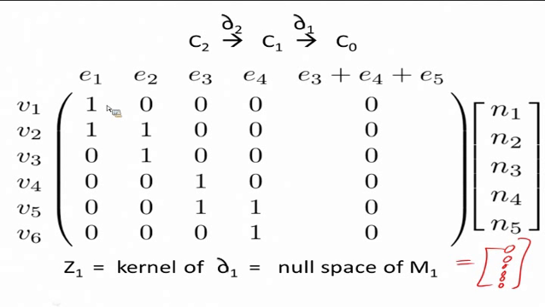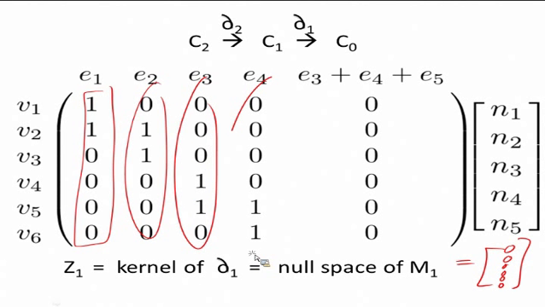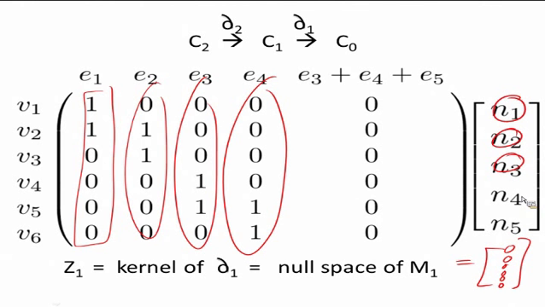Well, these 4 columns are all linearly independent. So if I do n1 times column 1 plus n2 times column 2, etc., up to column 4, and I'm going to get a bunch of zeros using linearly independent columns, these are going to have to be 0. So in my null space, these will all have to be 0. This last one, however, can be anything it wants.